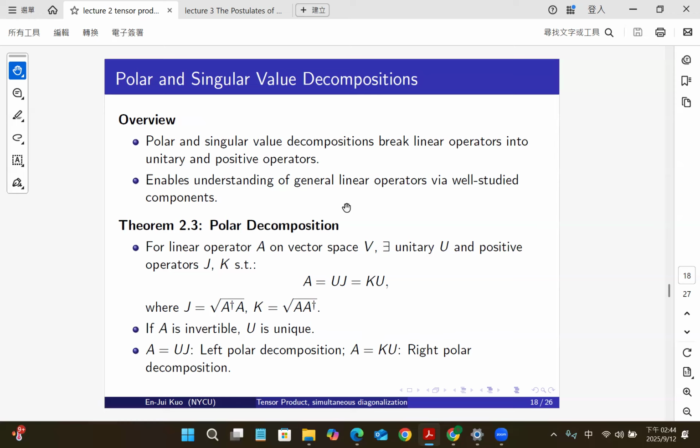You can write it as a unitary times something positive, which in terms of matrices is positive semi-definite. So you can think of polar decomposition as a generalization of polar coordinates, some positive radius times a phase. It is the same as some positive matrix times a unitary. Hopefully this makes it feel more natural. Very unnatural. Then, when A is invertible, U will be unique.